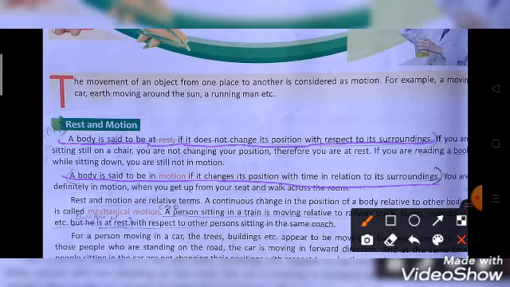That means you are in motion because you already changed your position. You kick the ball, the ball will change its position when we kick the ball. So as long as the ball is moving, the ball is said to be in motion.